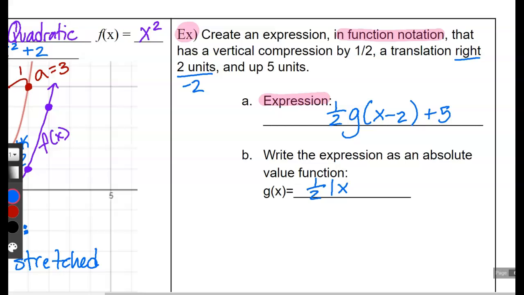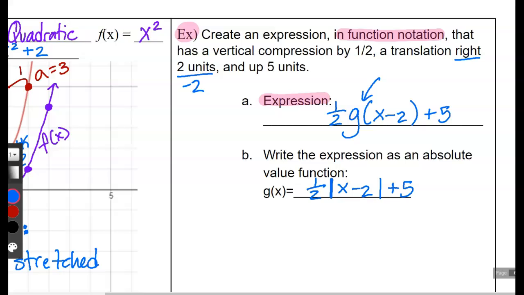Perfect. We're replacing the function notation of g parenthesis with the actual notation of absolute value. And then what did we write, 8 and f? Exactly. And now we have written an equation, an actual absolute value function.